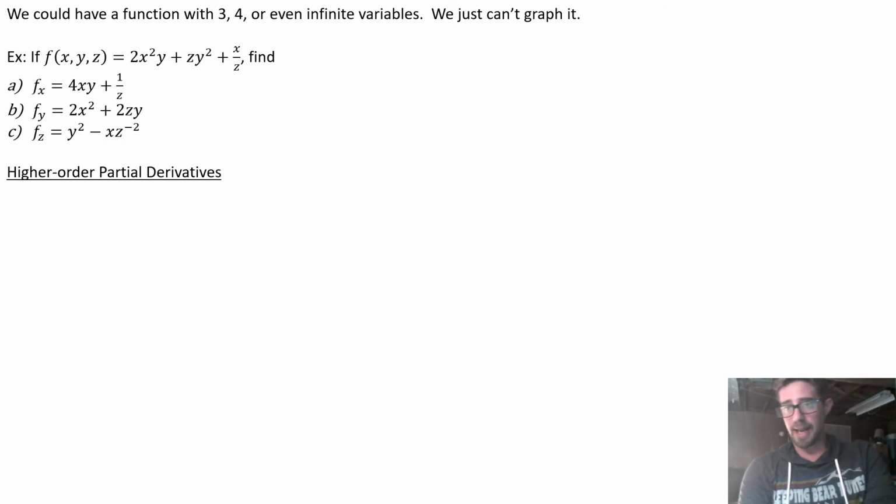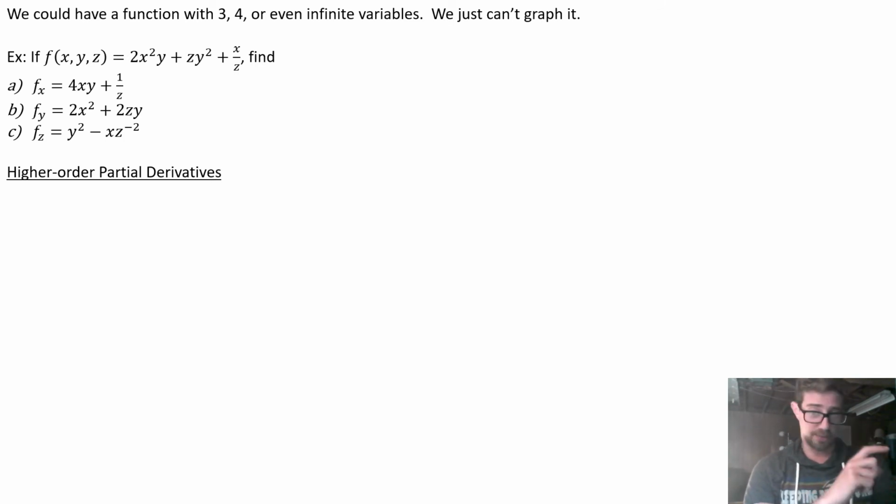All we mean by higher order partial derivatives is just like f double prime or f triple prime or whatever. It's just like a second or third derivative. So the difference here is we have more options. Like you can do fx, and then you can take the derivative of that with respect to x again.